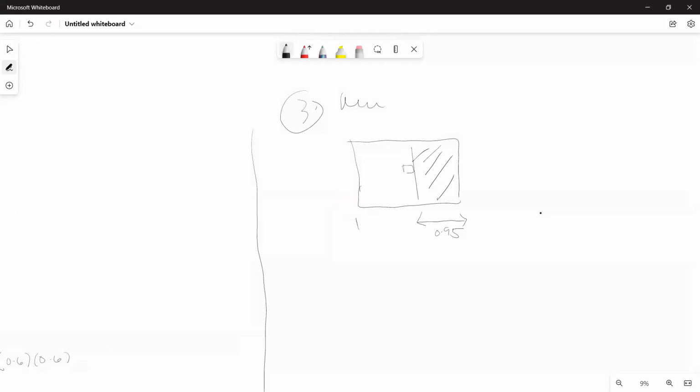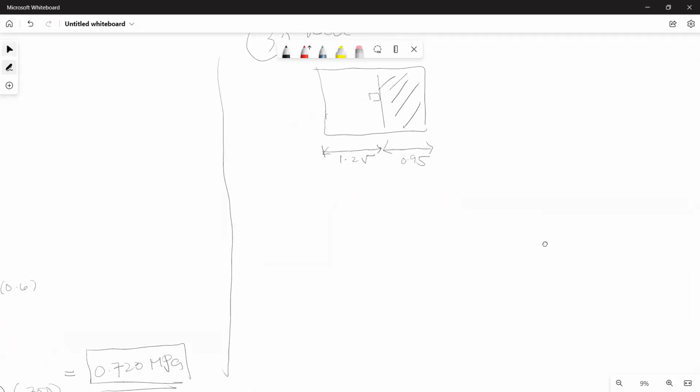And itong distance na to is 1.25. So the same dun sa pressure kanina, sa pressure diagram. Ito yung inyong pressure na kailangan. And distances are 1.25. So ito ay 216.43. And this one is 329.93. So get the 1.25 y hat.